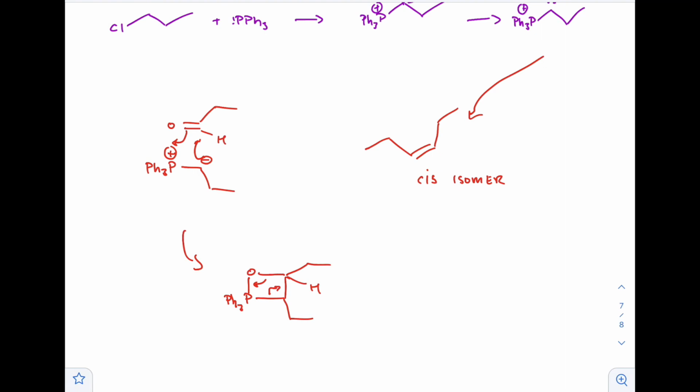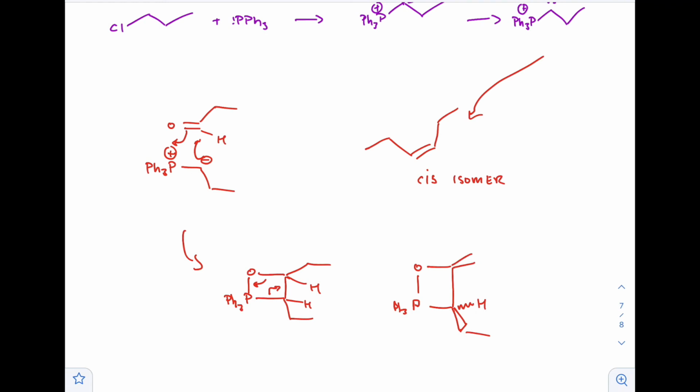I always have to think a few times about this when I'm drawing it, because obviously it's a weird structure, right? So let's draw our little 4-membered ring. And what we're going to do is just put wedges and dashes on those substituents of the ring. And then we'll be able to see where we get our cis and trans from.